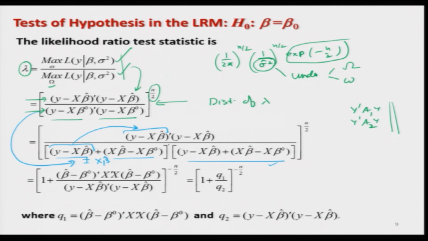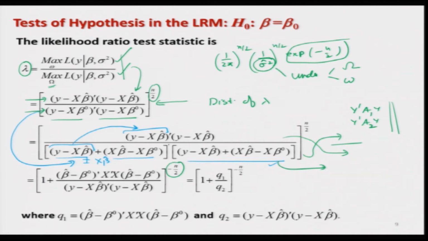So, now after this I simply try to expand it and I try to invert it, meaning the denominator will go into the numerator and the numerator will come into the denominator, and I express it by minus n by 2.